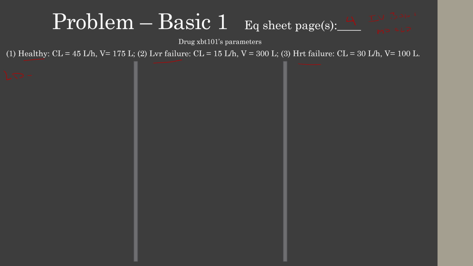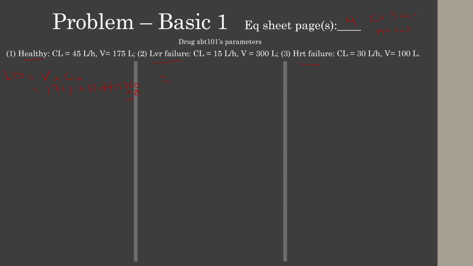If you look at the equation sheet, loading dose is equal to volume of distribution times the desired steady state concentration. And for this patient here, we can see the volume of distribution is right up there, 175 liters. And we know from the previous slide that we are shooting for a 10 milligram per liter steady state. And that's pretty easy math to do, right in your head. 1750, the liters cross out, and that's milligrams. So there's your loading dose for that.